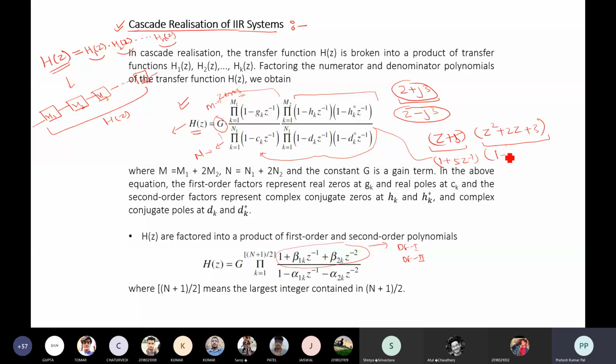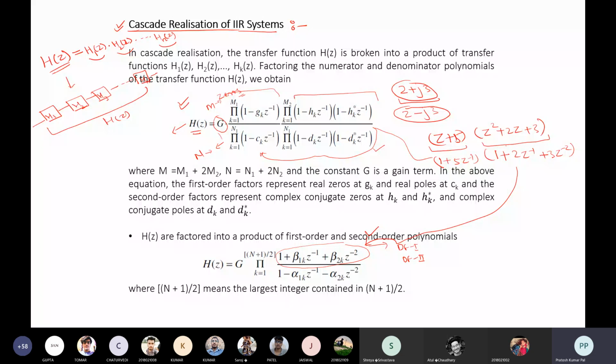This can be represented as 1 plus 2z inverse plus 3z to the power minus 2. So a generalized transfer function can have either this form or this form. If a single first order system is there, we will represent it as a single transfer function, and if it is a second order system, we will design it in the form of direct form 1 or direct form 2 based on our choice.